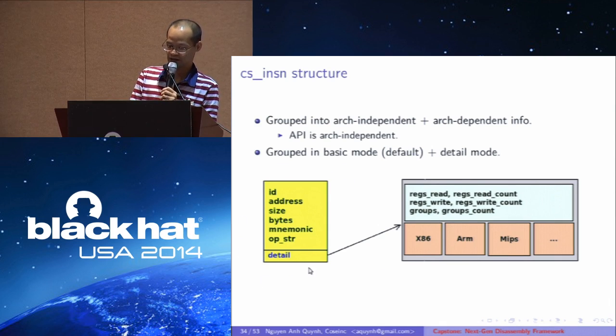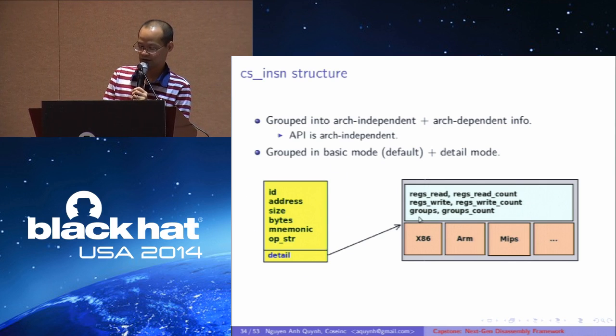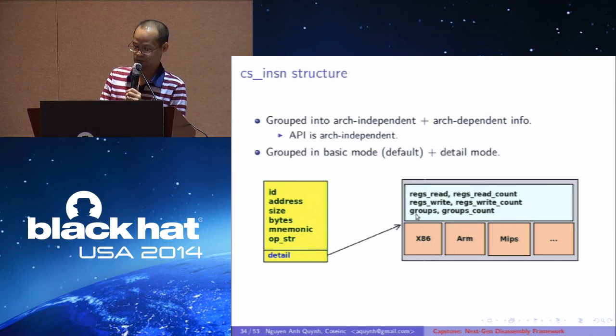You can see this yellow box and this box are all architecture-independent information, because all instructions have an ID, an address, a size, the bytes that the instruction contains, the mnemonic, operand strings, and a pointer to the next block.